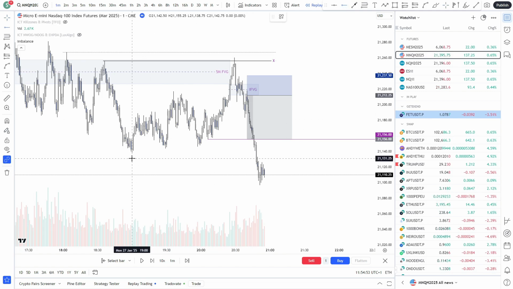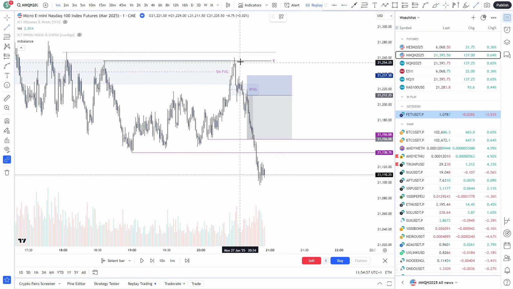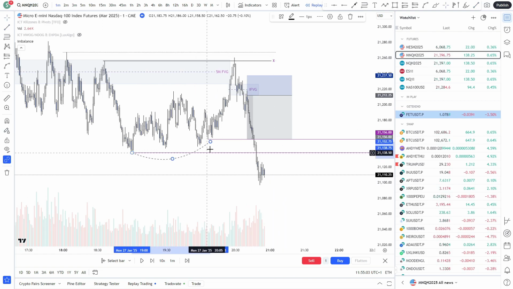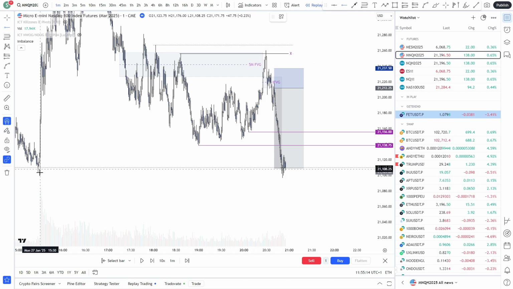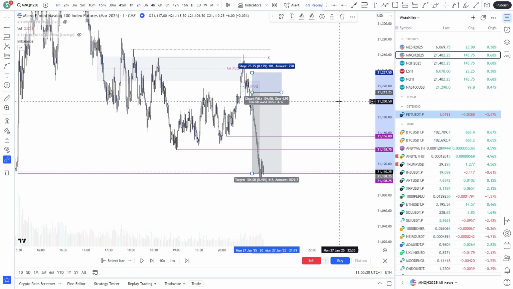I took my second TP over here because it's the end of all this liquidity from this move, and it's the end of the bigger liquidity trail. And for the last TP, I targeted the AM low, which caused the trade to hit 4 risk to reward, which is a really nice amount.